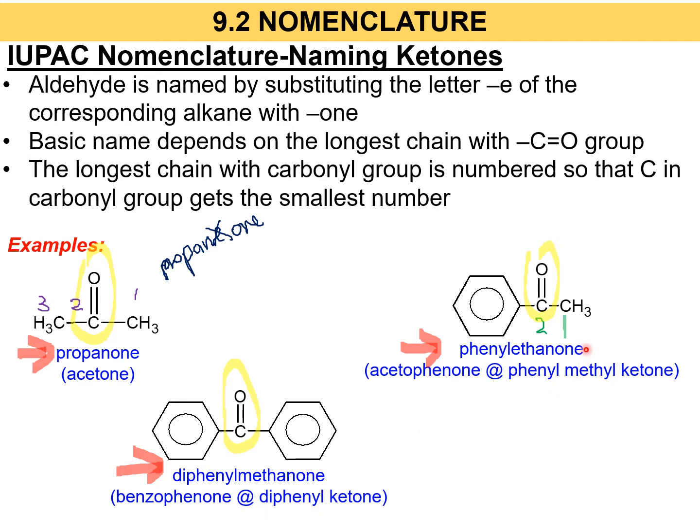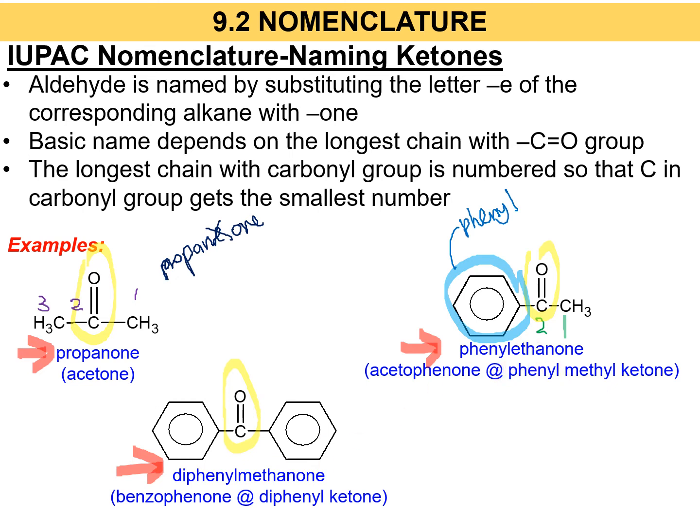But because there is the functional group C double bond O, you replace the E with ONE. Also at carbon number 2 there is a benzene substituent. When benzene becomes a substituent it has 2 names, either phenyl or benzene, but in this case it is phenyl. So when naming it, it is going to be phenyl ethanone.